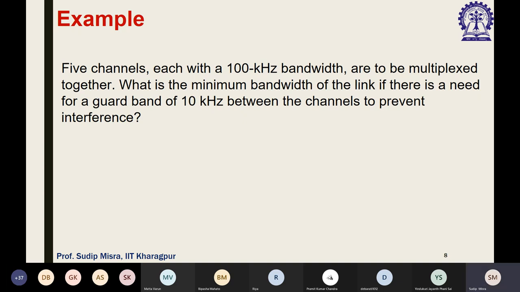Let us say we have 5 channels, and each channel has 100 kilohertz bandwidth. These are to be multiplexed together. What is the minimum bandwidth of the link if there is a need for a guard band of 10 kilohertz between the channels to prevent interference?